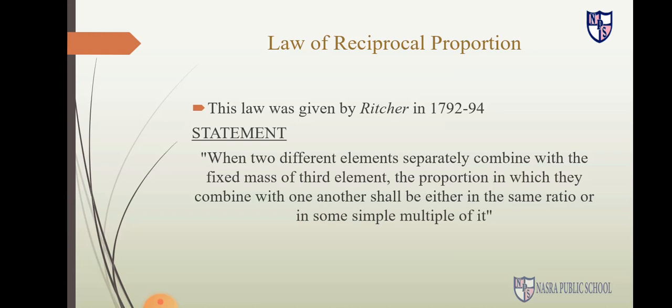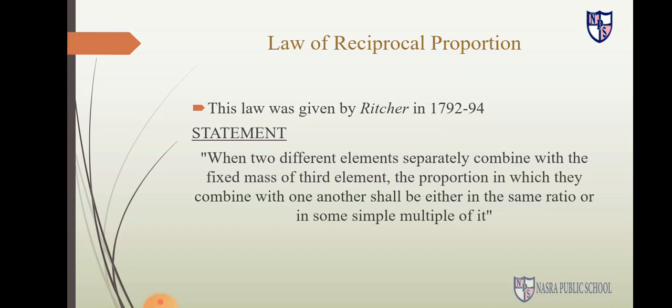So in this law, we are going to deal with three elements. So here are two elements that are combining separately with the third element that has a fixed mass. And obviously, when these two elements are combined with the third element, it results in the formation of two new compounds.